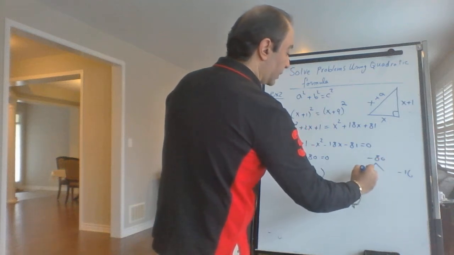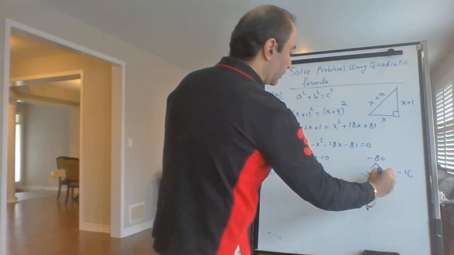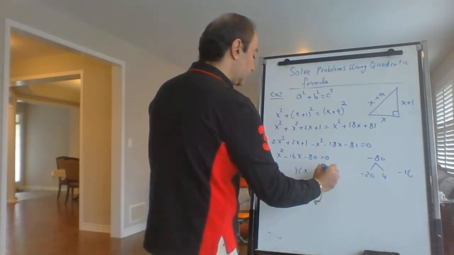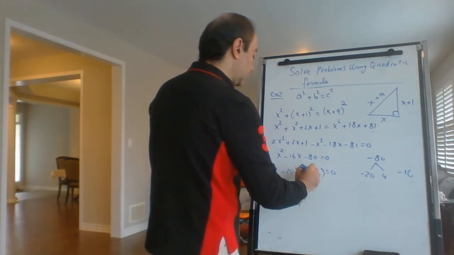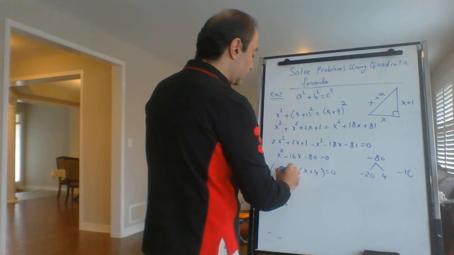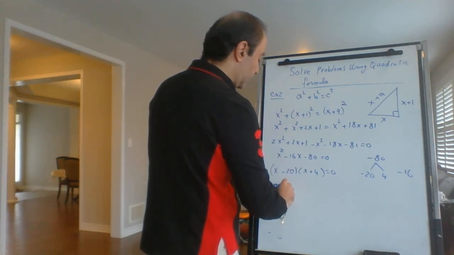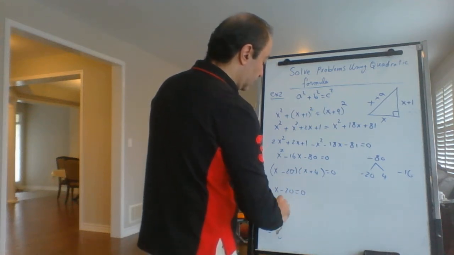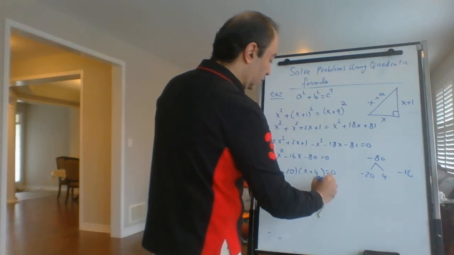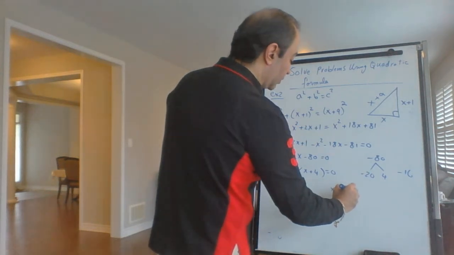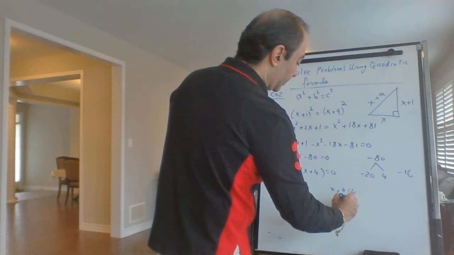I think negative 20 and positive 4. Then we split those. So either x minus 20 equals 0, x equals 20, or x plus 4 equals 0, and x equals negative 4.